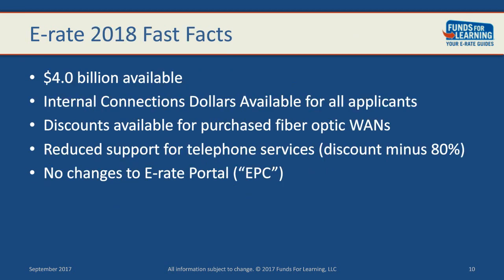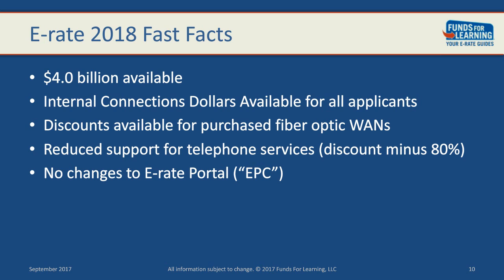So 2018 is going to be, I think, a great year for the E-rate program. There is about $4 billion available for schools and libraries nationwide. And, with many school districts and library systems suffering budget crunches and tight wallets, knowing that there is this source of funding out there that can provide support is, of course, encouraging.